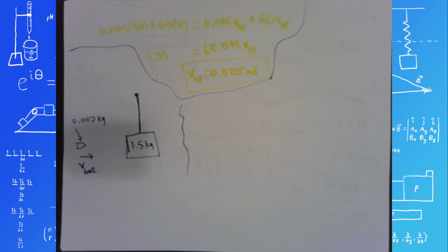Actually, let me think about this for a second. So, well, actually, if the block reached its maximum height while the bullet was still in it, then they wouldn't have even mentioned the bullet emerging from the block.